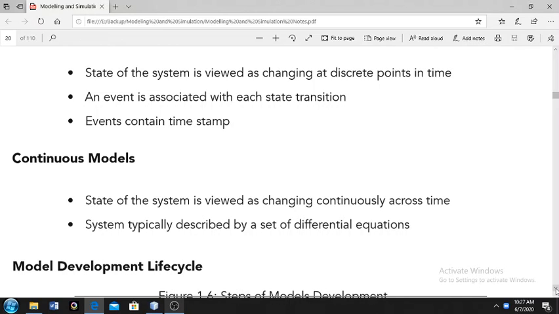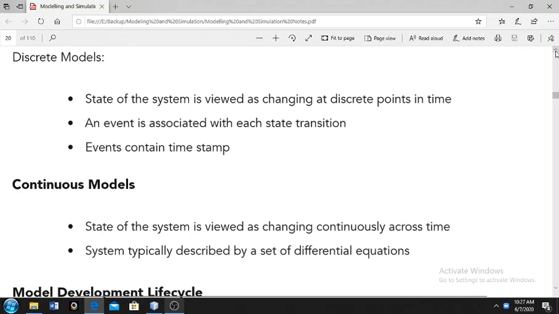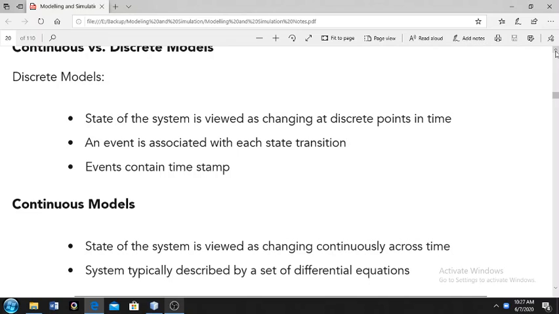It's non-stop. The system is typically described by a set of differential equations. Continuous simulations are non-stop. Values of variables keep changing.